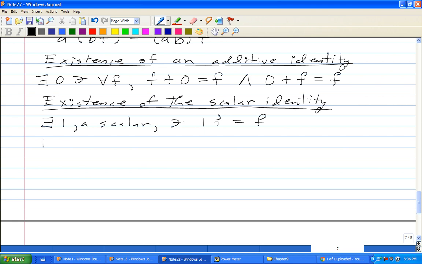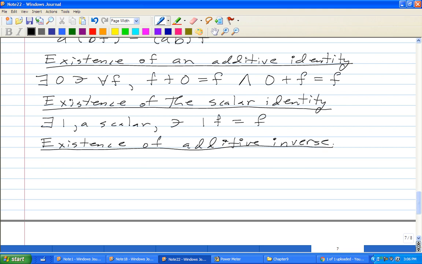The existence of an additive inverse. For every function f, there exists some function, call it minus f, the additive inverse of f, such that f plus its additive inverse is the additive identity.